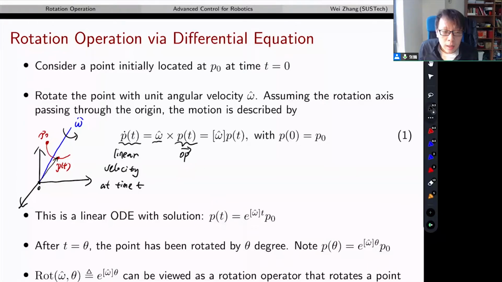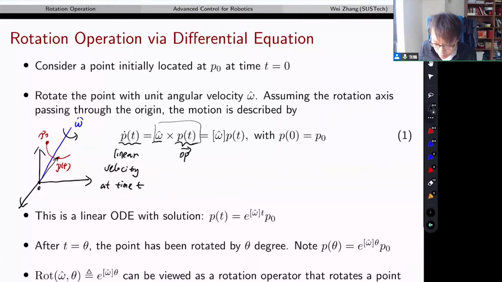Okay. At any given time, this point's motion is described by omega cross the position or coordinate of this point, the current position P, right? So at different locations the linear velocity is different, but they all have to satisfy this same expression.